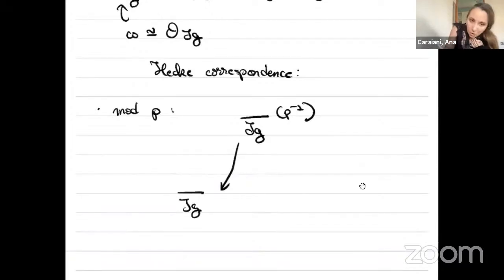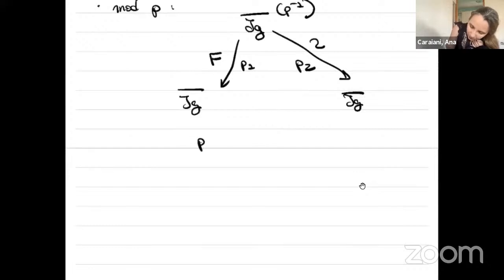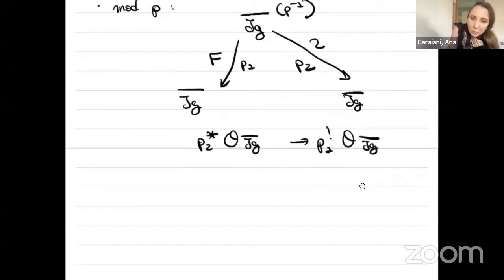You have, on one hand, the relative Frobenius on the Igusa tower, and I'm going to call this P1. And on the other hand, this is just an isomorphism, and I'm going to call this P2. So this gives rise to a correspondence, P2 upper star, the structure sheaf, P1 upper shriek.